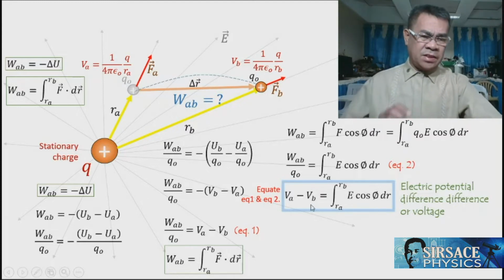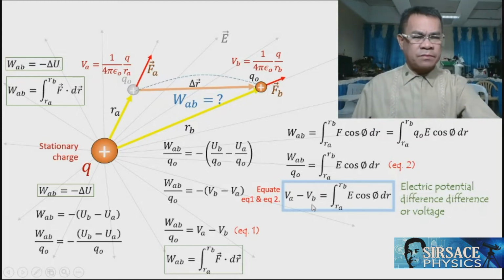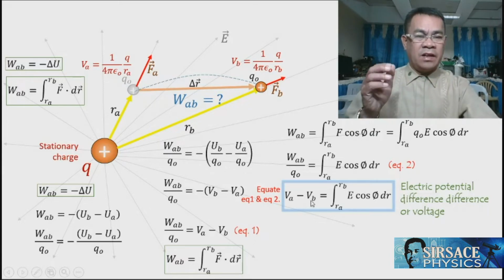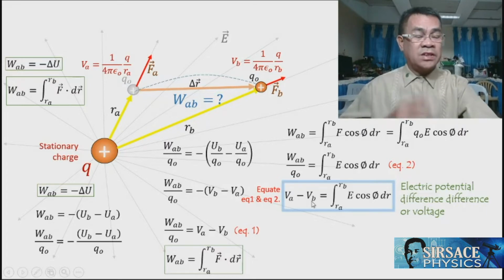Now, the best thing to do with this formula is, take note that if we are asked to solve for the potential initial, then you can place the final position anywhere you want. Take note that at a far away distance from the charge, the potential is zero.